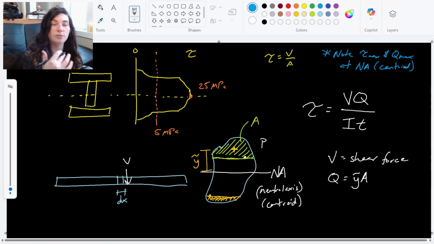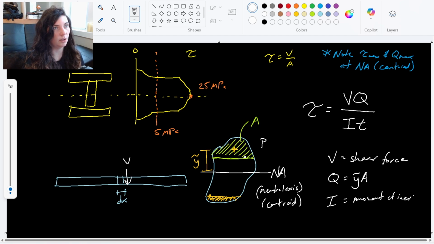All right, so we have our shear force times Q, this y tilde times A, over I, which is our moment of inertia. We've seen that guy a lot by now. He came up a lot in our bending moment equations. So that's our standard moment of inertia for this whole area.